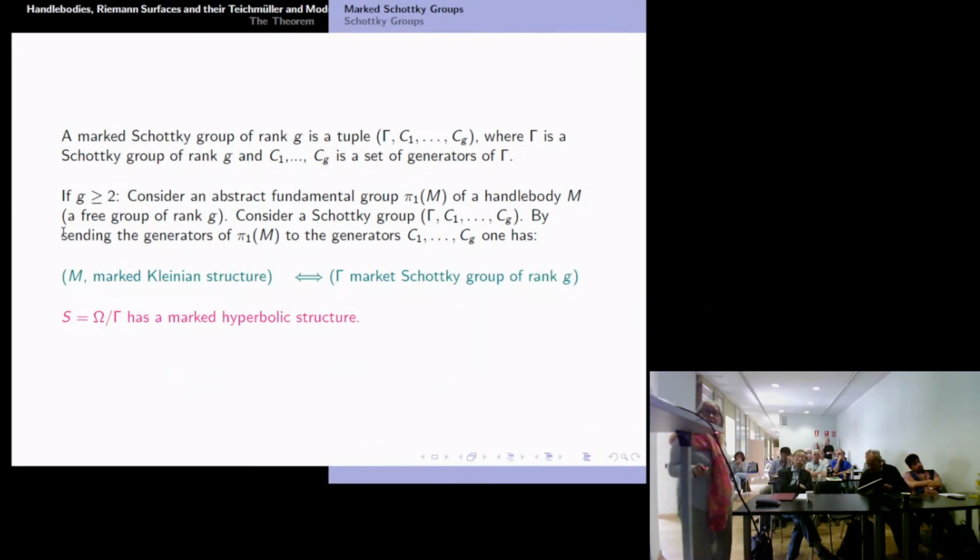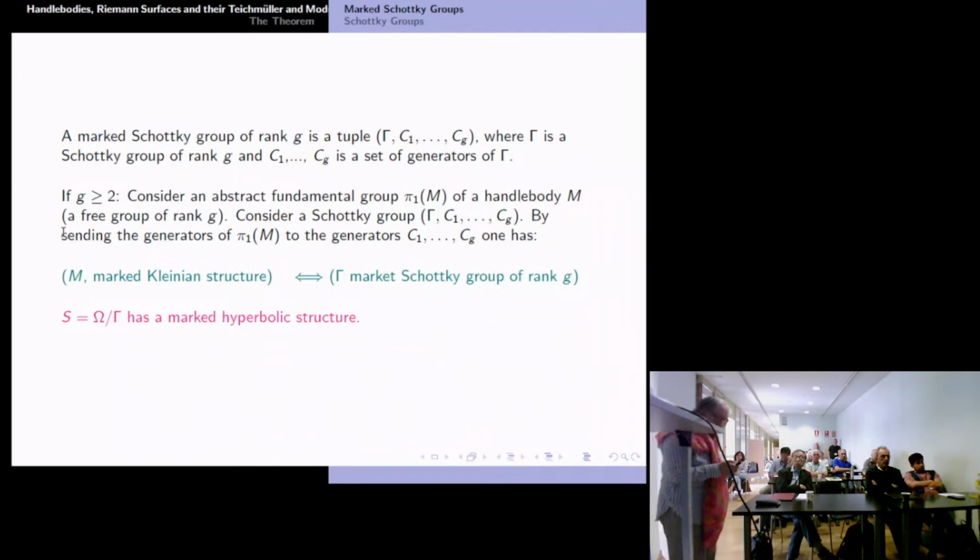Now this morning we have also talked about quasi-conformal deformations. So now we have a marked Schottky group, and we are given exactly the circles.